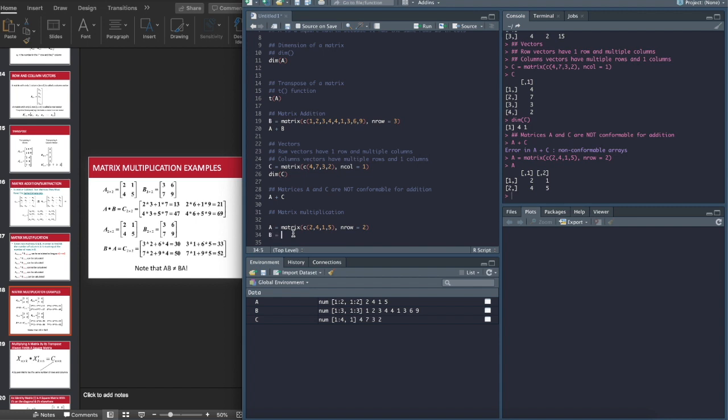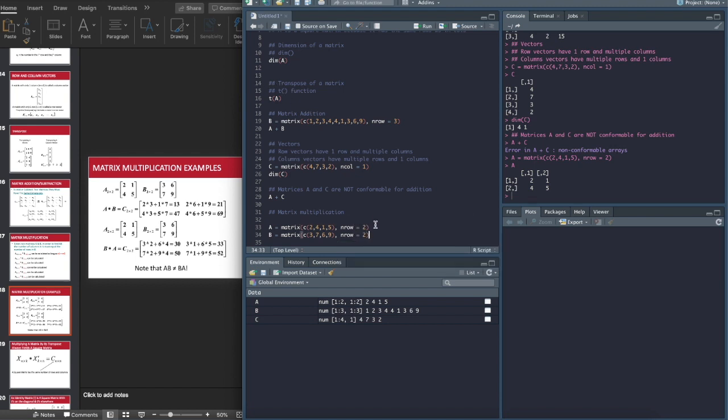Now let's take a look at matrix B, and let's construct it by using the matrix function, and I'll concatenate the values 3, 7, 6, and 9. The number of rows is also 2.